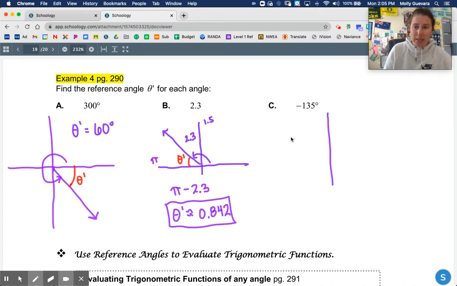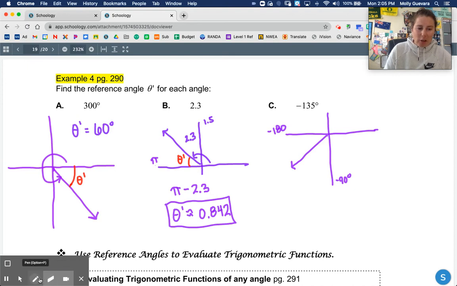Last one here, negative 135 degrees. Again, I know that this is negative 90, and this is negative 180. So it's going to be somewhere in between. And then again, from that terminal side to the x-axis, it's going to be right there, going to negative 180.